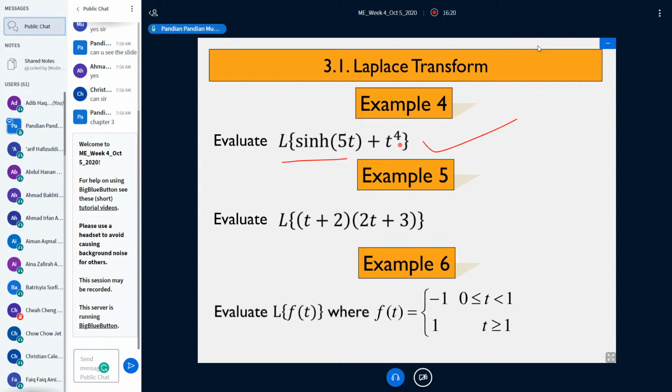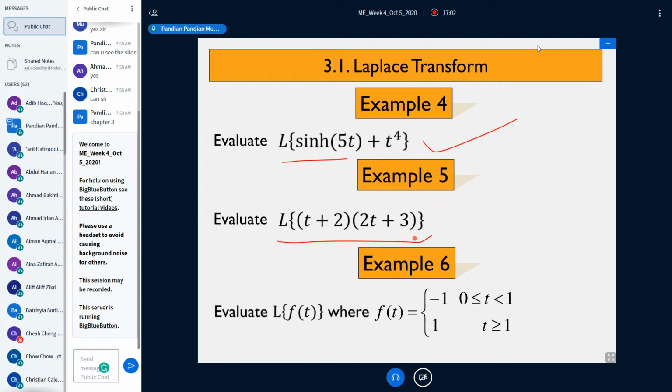Laplace of sinh 5t is 5 over s squared minus 25, plus Laplace of t power 4, which is 24 over s power 5. You can simplify this using fractions. For the next one, Laplace of 4t cubed, 2t squared, 3 plus 4, 7t, and then Laplace of 6. So the answer will be 4s cubed plus 7s squared plus 6 over s.